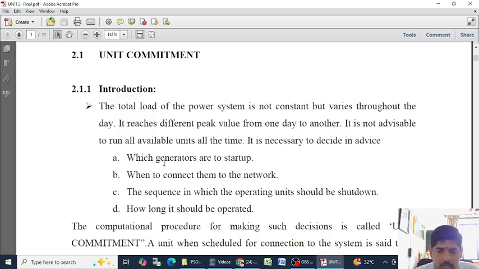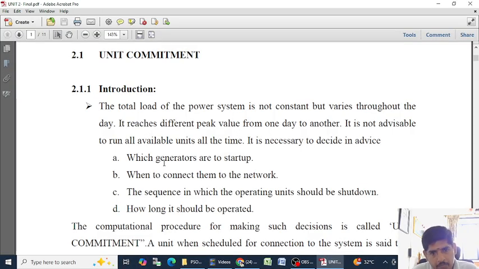Based on the demand, based on the need of power, for example, if one generating unit is 300 kilowatt, the second is 500 kilowatt, and the third is 700 kilowatt, and I need a power demand of 1000 kilowatt at a time, then I have to operate unit 1 and unit 3, the 300 kilowatt and the 700 kilowatt.